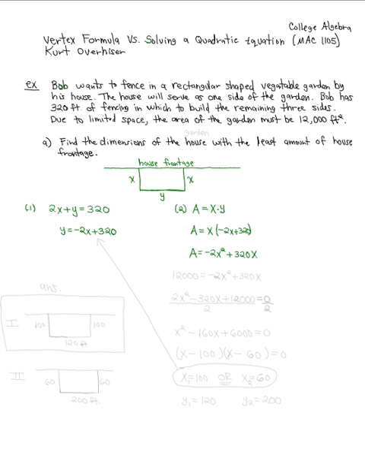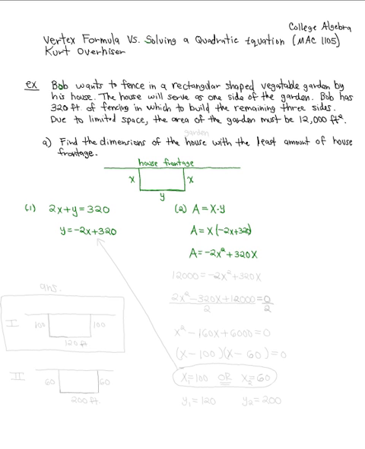Okay, now there's one number that we haven't used in the word problem yet, and that's that because of the limited space, the area of the garden must be 12,000 square feet. So in place of capital A, we're going to put that number that A represents, 12,000 square feet.